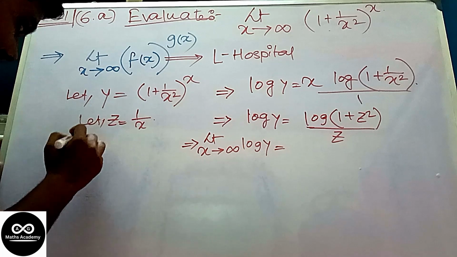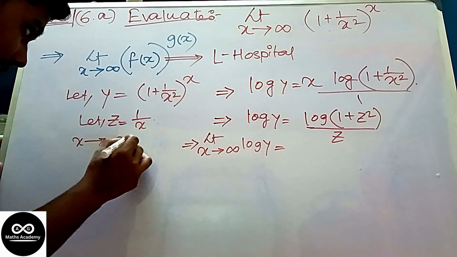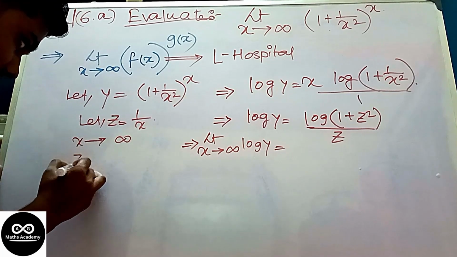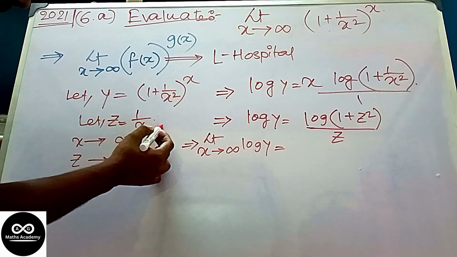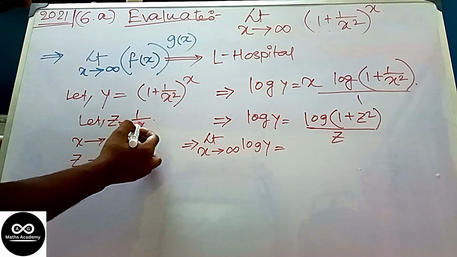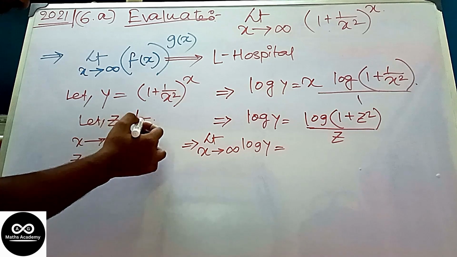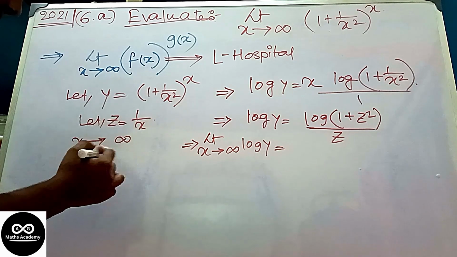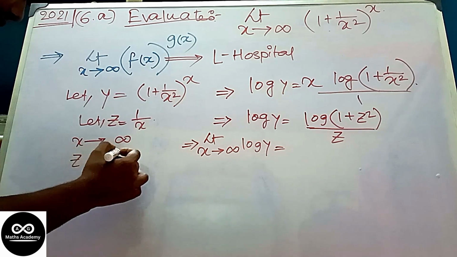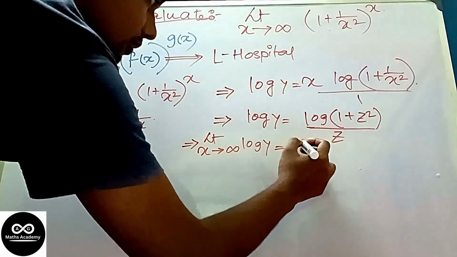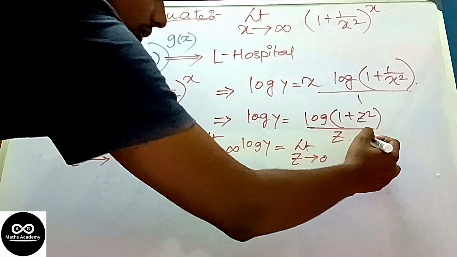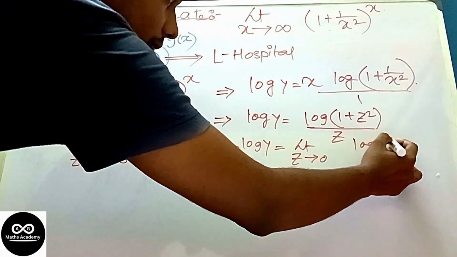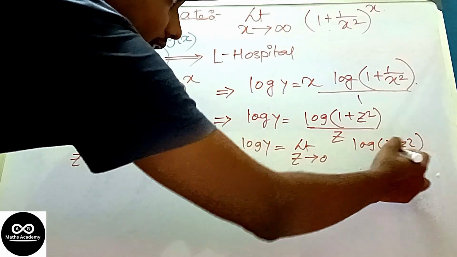So as x tends to infinity, it will be 1 by infinity, then z will be 0, so z tends to 0. Right, here limit z tends to 0 log of 1 plus z square, by z.